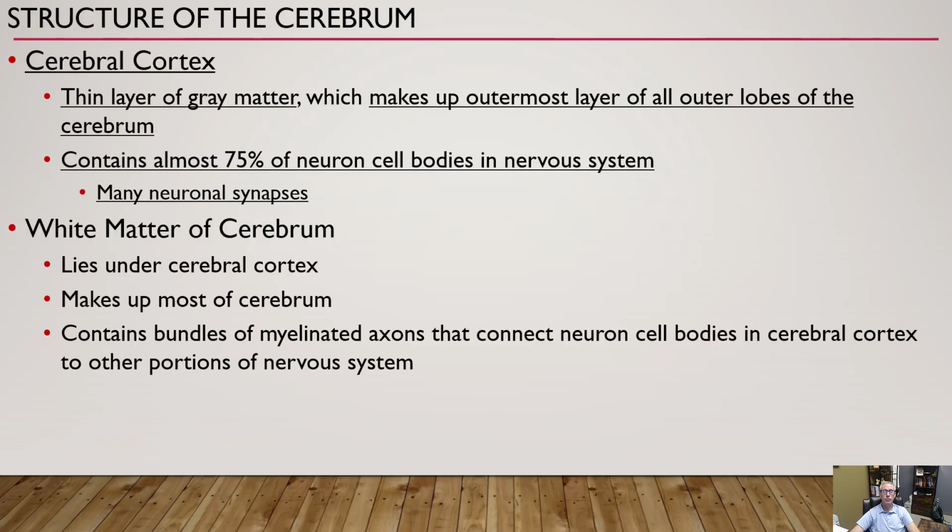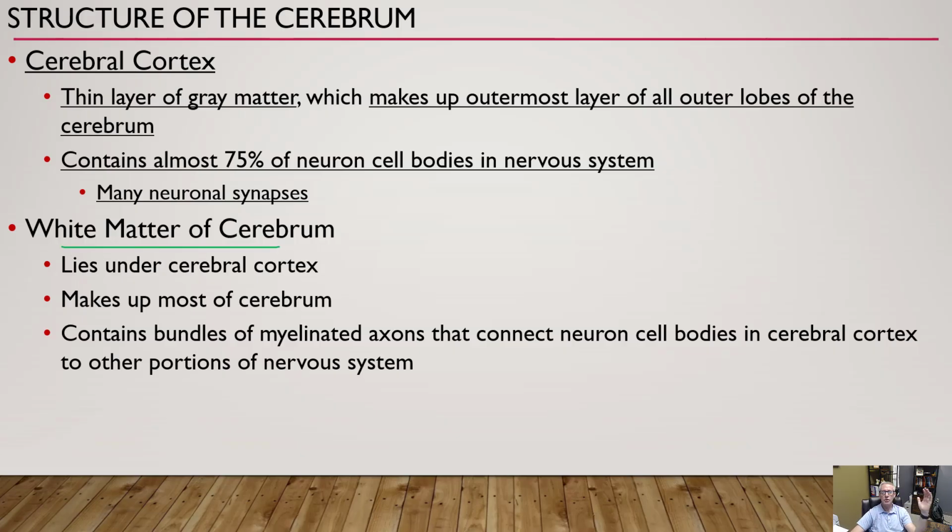All right, so we have this area called the cerebral cortex. It's this thin layer of gray matter, and it makes up the outermost layer of all lobes of the cerebrum. So remember the difference between gray matter and white matter. Down here, we have white matter of the cerebrum as well.